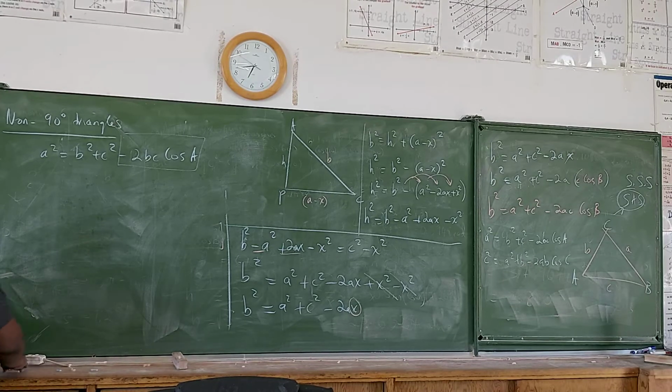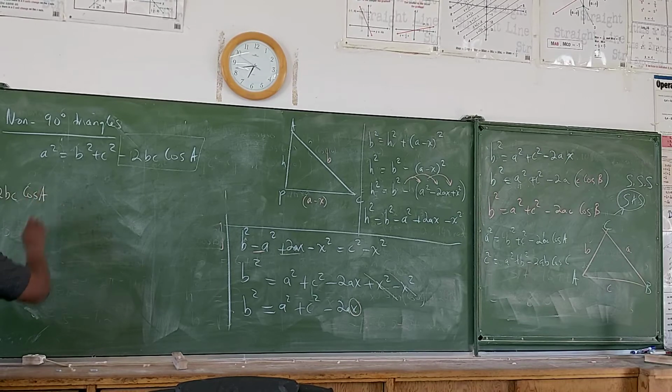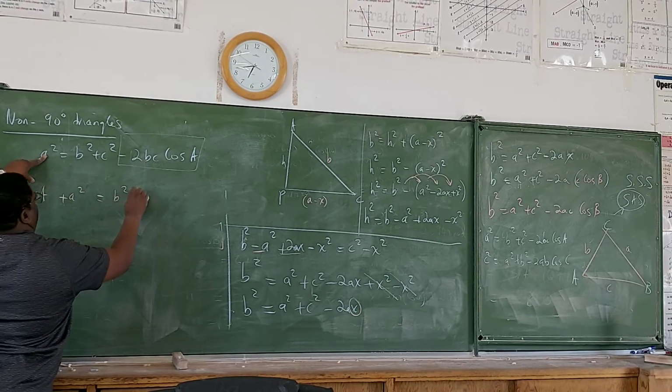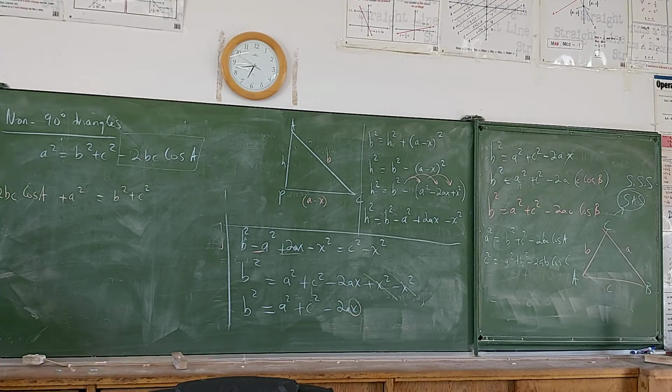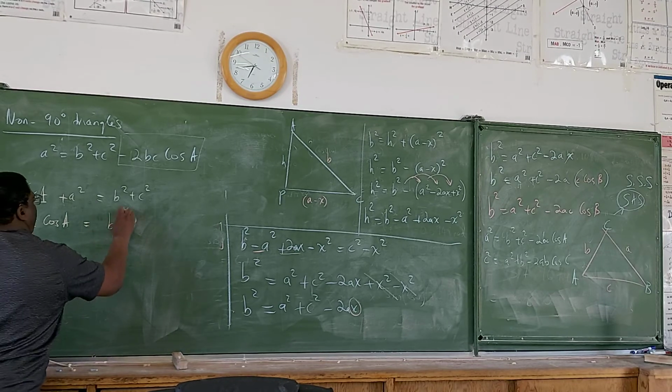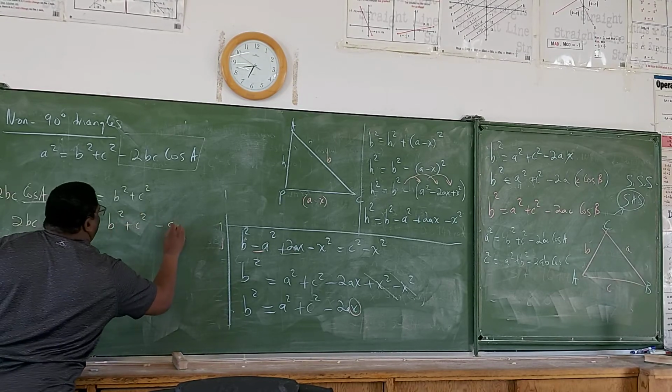So I'm going to have something like this: 2bc cos A. But there was already a square. Are you with me so far? The objective is to make this the subject of the formula, so I'm going to subtract that a squared first. 2bc cos A equals b squared plus c squared minus a squared.